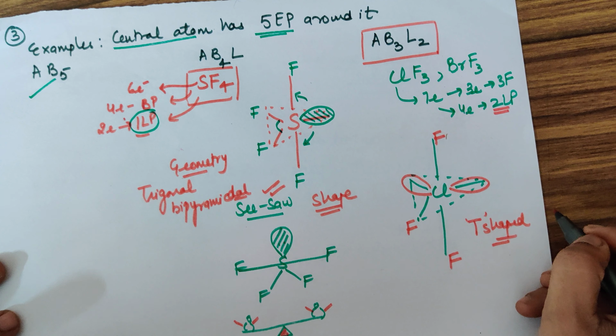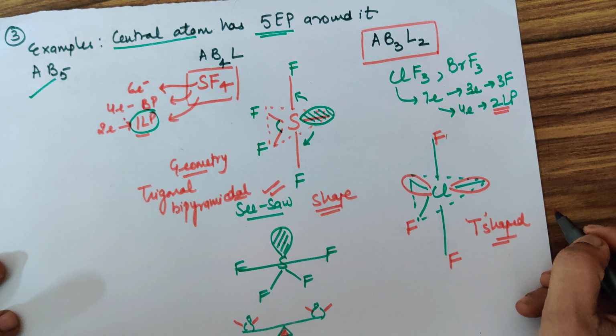I think you will understand this slightly better if I place the lone pairs here. These are my 2 lone pairs placed on the equatorial plane, while the fluorines are placed like this. I hope the T shape is now better understood. So the shape is T-shaped, but the geometry remains the same in both cases.